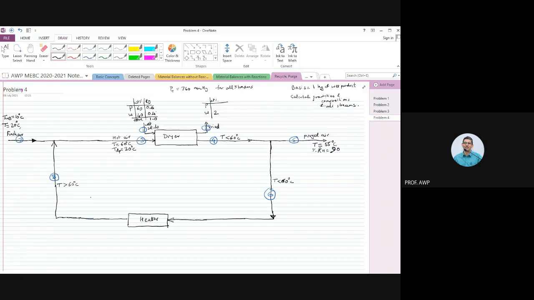Is the problem description okay? Anybody has doubts about the problem, about what is to be found? Somebody say something.